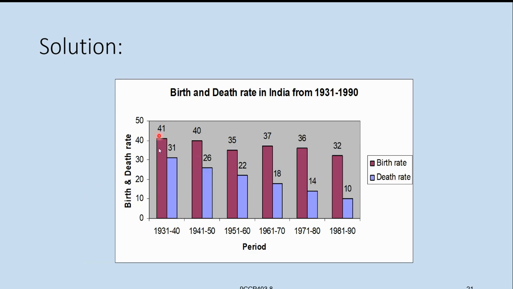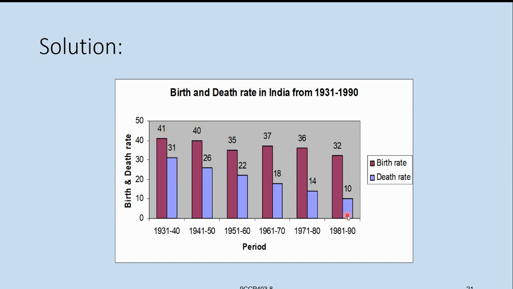Here we will see one after another is drawn. This is birth rate, this is death rate. How will we know? Because it is indicated here. Index, it is indicated here so that we can easily understand. This is index.